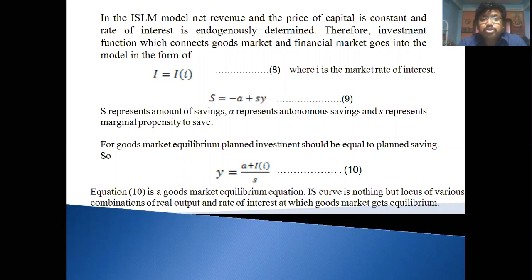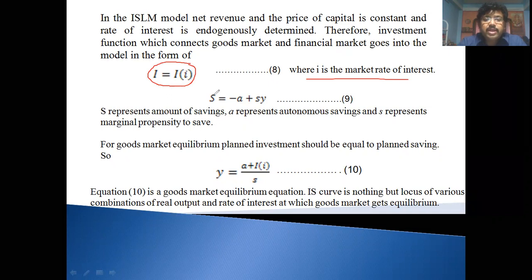Therefore, the investment function which connects the goods market and financial market goes into the model in the form I equals I of i, investment as a function of i, where i is the market rate of interest.